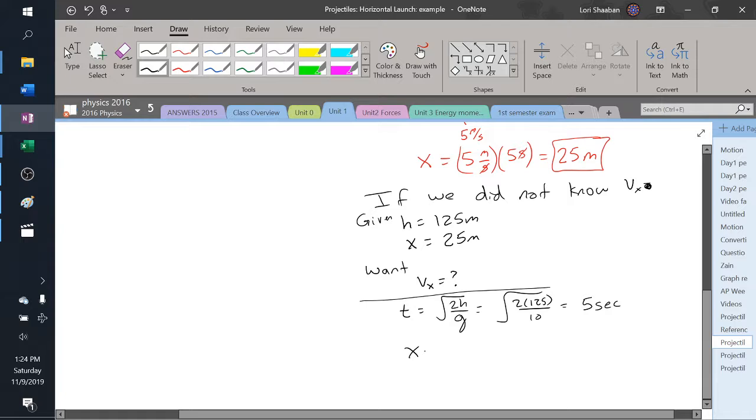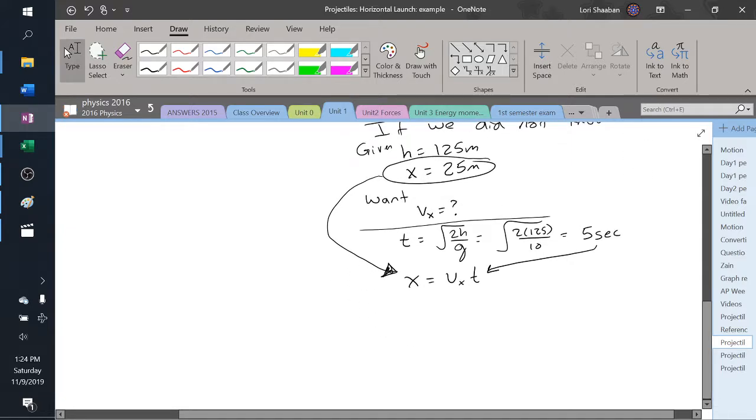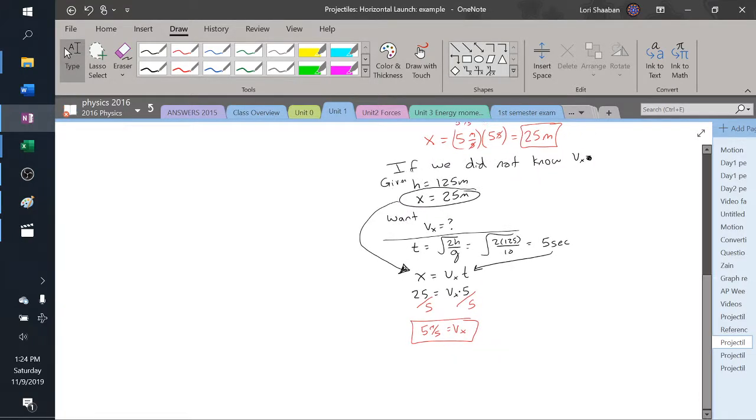Now, when we plug it in to our equation, we plug in the seconds, and we have the x value instead of the horizontal velocity. So we get 25 equals horizontal velocity times 5, and that's the unknown. Then we divide both sides by 5, and we get velocity in the x is 5 meters per second. So you are set. You need to know both of these before you do any projectile launching type labs.